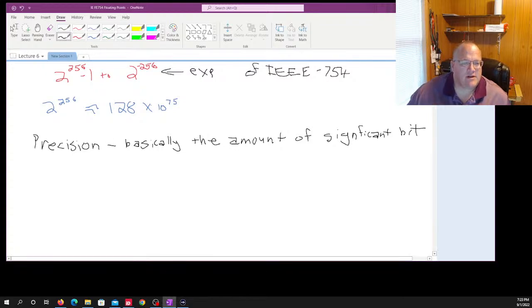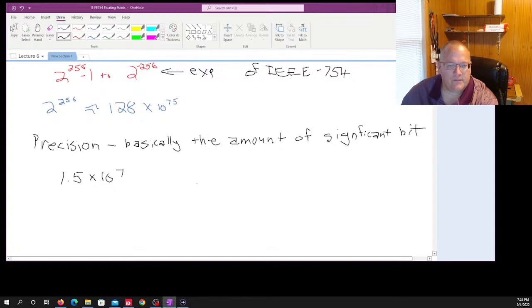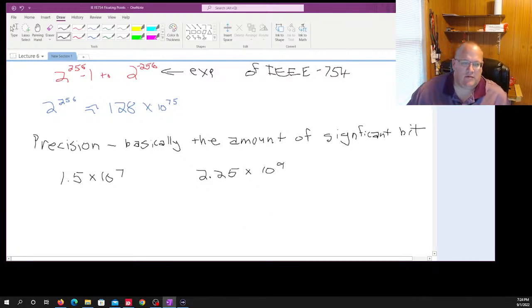So if I was to ask, 1.5 times 10 to the 7th and 2.25 times 10 to the 9th, which one of these has a higher precision?